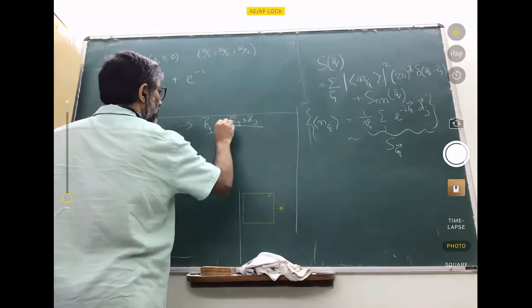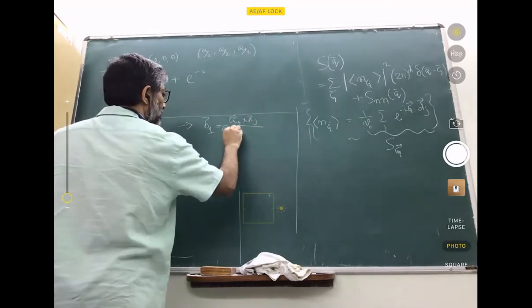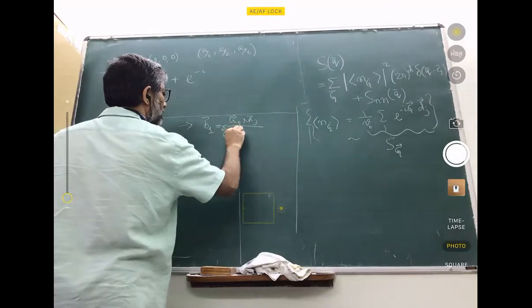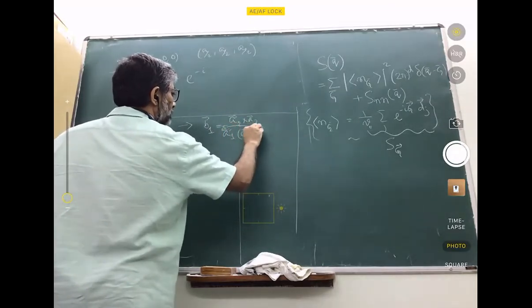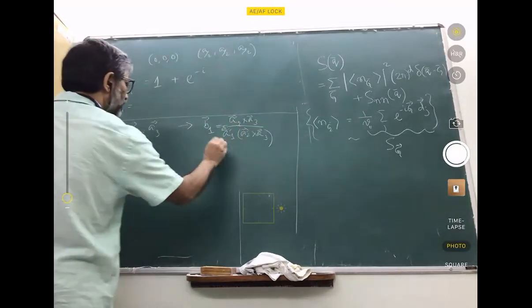There is a 2 pi factor, and so on, b2 and b3.